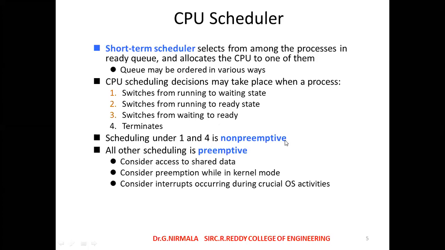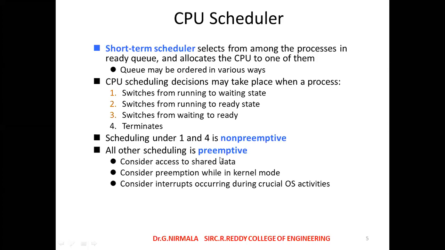That is called non-preemptive scheduling. Terminates: successful completion of the program is called termination. Means the entire CPU will be held with that particular process and it will be removed after the successful execution. Then only it switches to the next process. That is called non-preemptive scheduling.